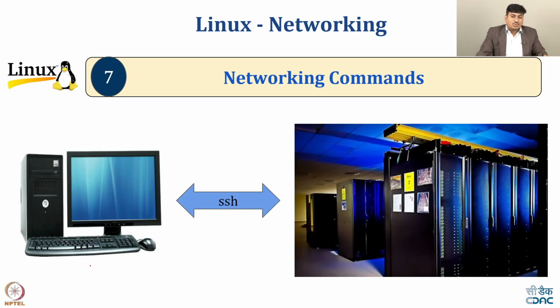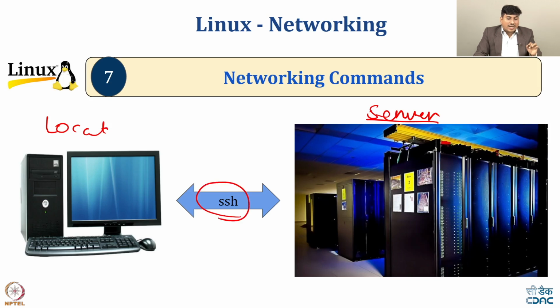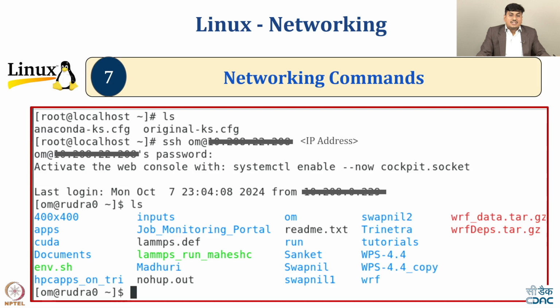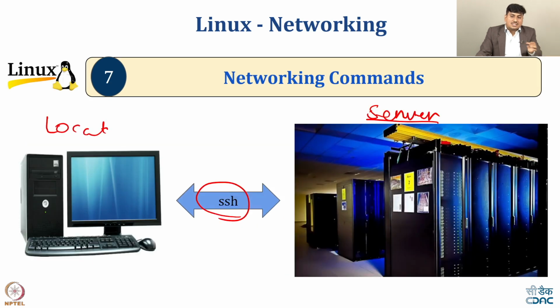If you want to connect to a server, let us say this is a server and this is your local system. So through the SSH you can connect to this server, right. And in case of the HPC, this is the common thing one needs to follow.